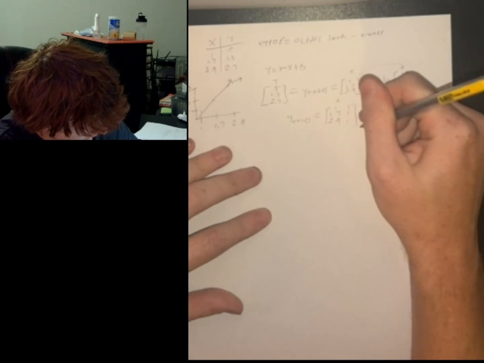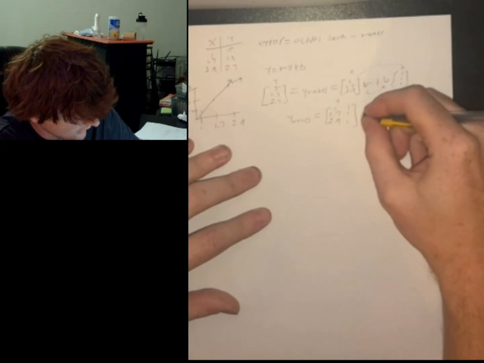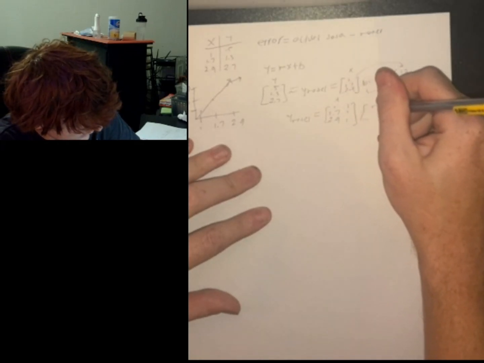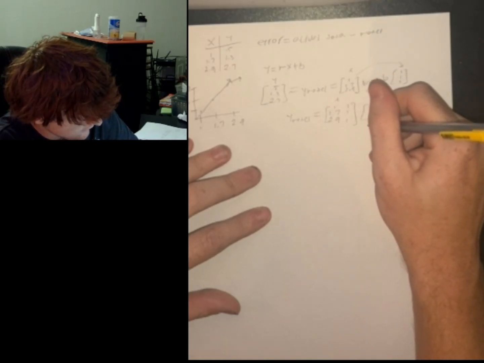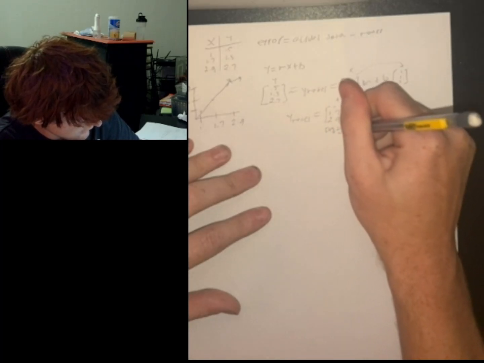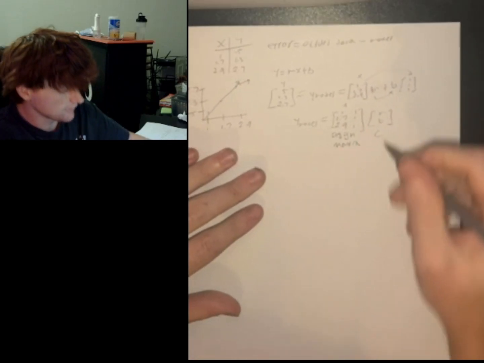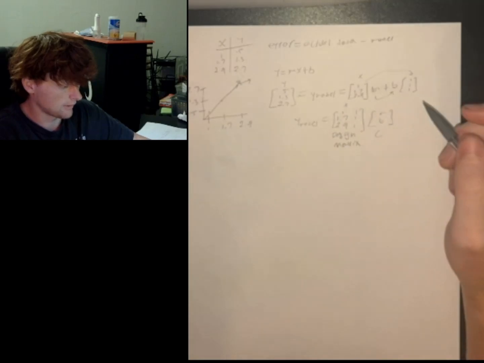So we'll have a 3 by 2 matrix, and we'll multiply by our constants m and b, and these will be our coefficients, and we'll just call it C, and this will be our design matrix.